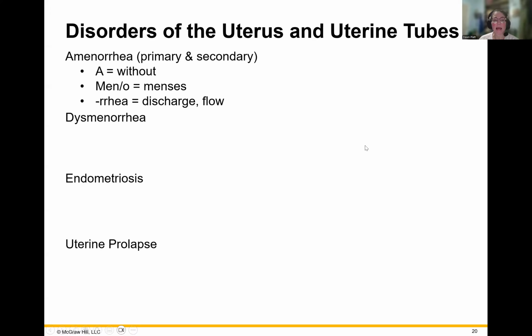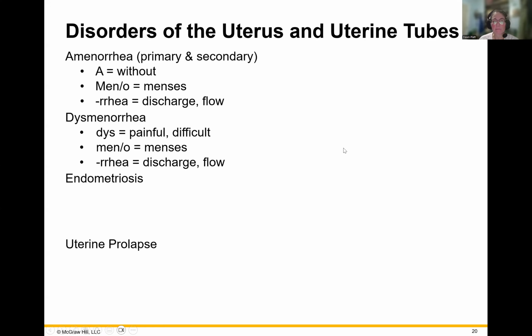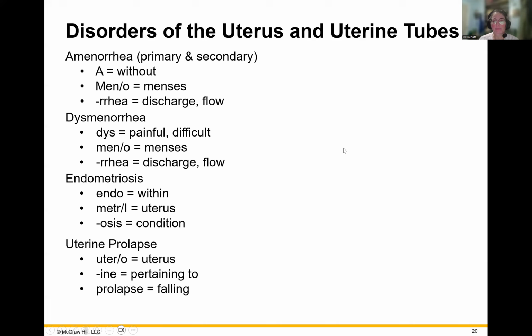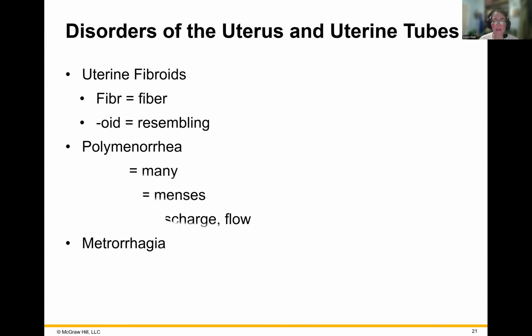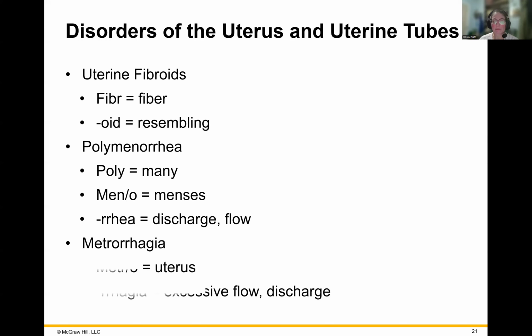So we have amenorrhea or amenorrhea. Sometimes people say a or an. Dysmenorrhea, endometriosis, uterine prolapse, uterine fibroids, polymenorrhea, or metrorrhagia.